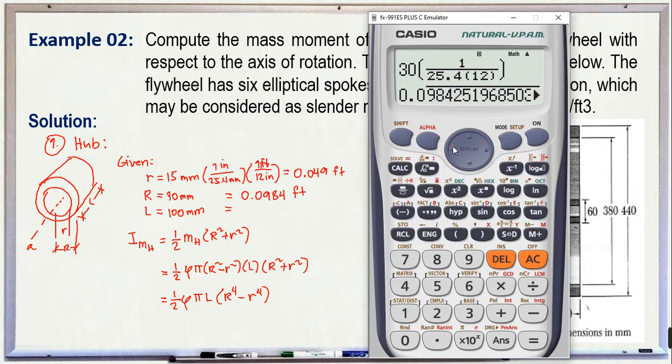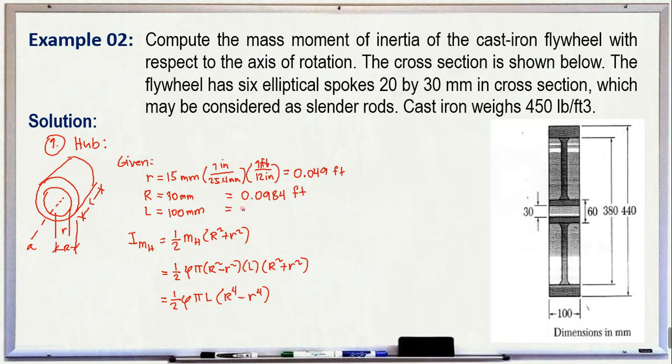Tapos we have 100 mm. So we have 0.3281 foot. Okay. So next, we are now ready to solve this one.